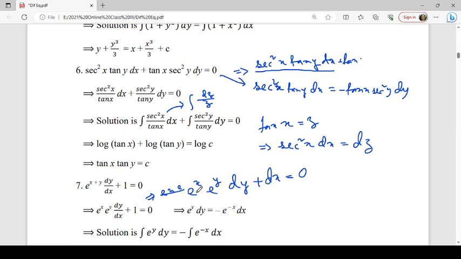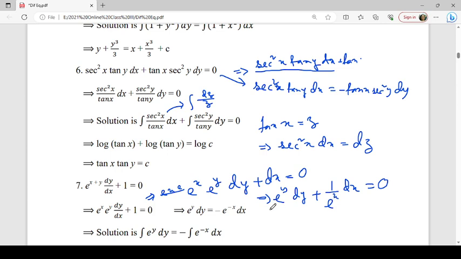Then e to the power x, you divide by e to the power x. So e to the power x will go, we have e to the power y dy plus 1 by e to the power x dx is equal to 0.